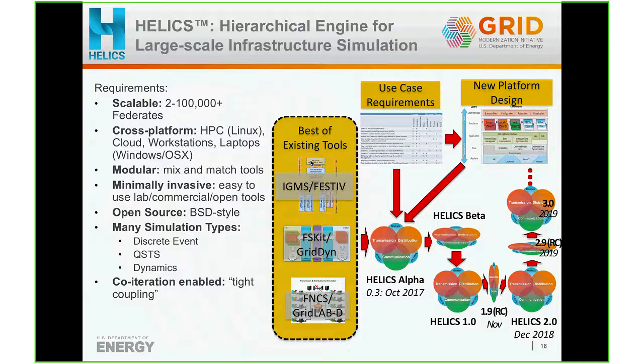We started with those 12 use cases, and they identified a need for scalability, cross-platform support, modularity, the ability to use existing tools, and lots of different simulation types. The one thing I didn't mention that also came out of this was the realization that we wanted to support co-iteration or tight coupling between federates for convergence on the physical values especially, and that was driven by a number of the use cases, particularly in the dynamic space.